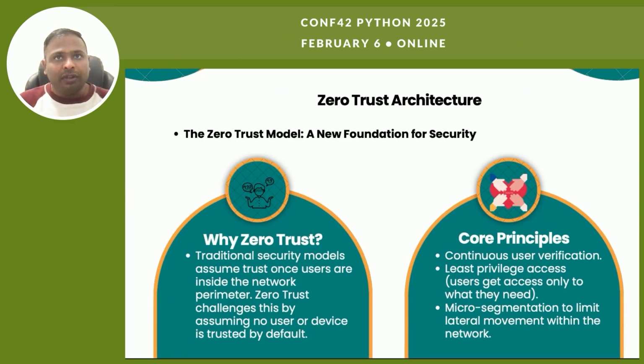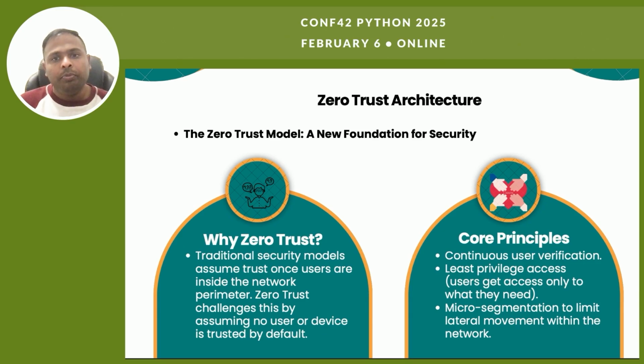How we can resolve this issue is by looking at zero trust architecture. Why zero trust? Traditional security models assume once users are inside the network perimeter, they are trustworthy, but zero trust challenges this by assuming no user or device is trusted by default.